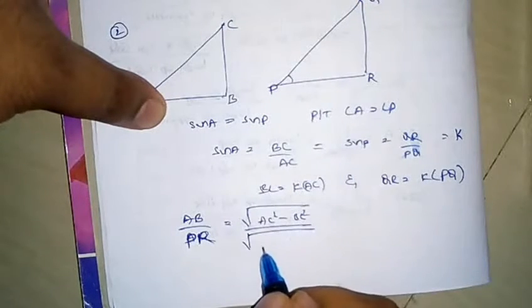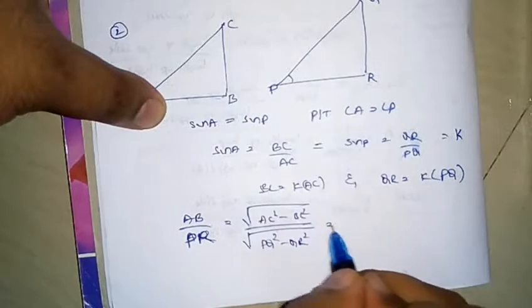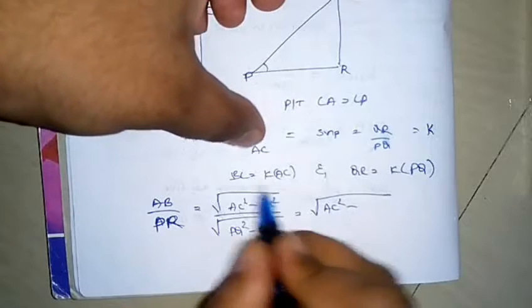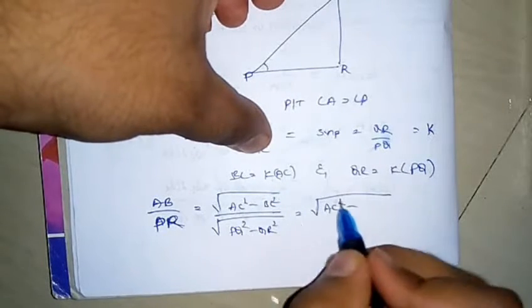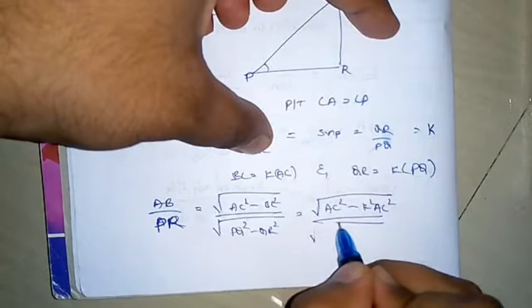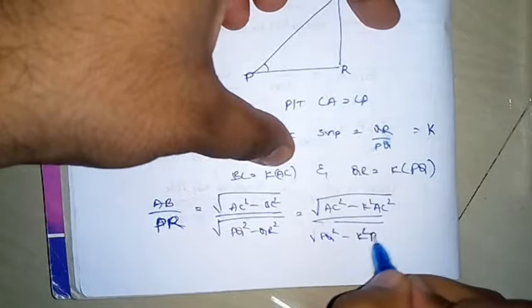Under root PQ square minus QR square. This will be equal to under root AC square, and you know that BC is equal to K times AC, so K square AC square, by under root PQ square minus K square PQ square.